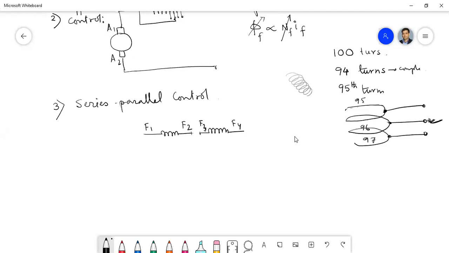Now, if we connect them in series, we get a certain number of turns, and if we connect these 2 in parallel, then by that also you can change the MMF. If you have any question, you can ask me.